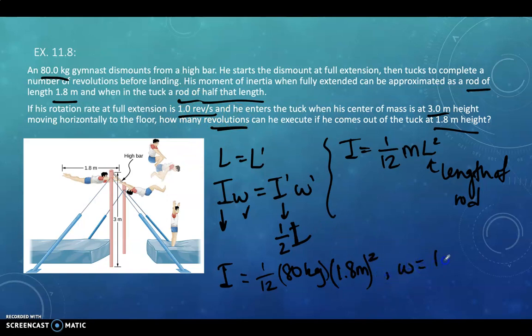Omega is 1 revolution per second. And we have I prime equal to 1/12 times our mass, 80 kilograms, times our length of the rod divided by 2, which is 0.9 meters, squared.